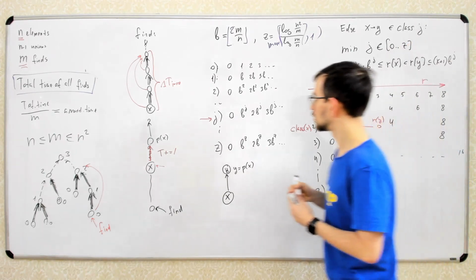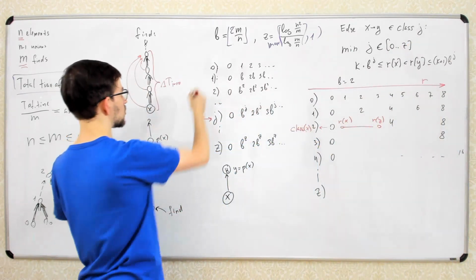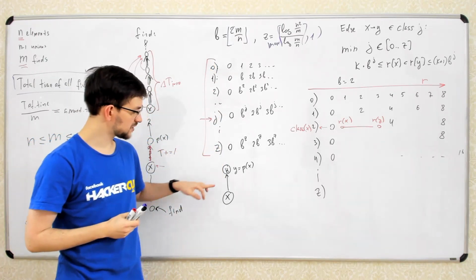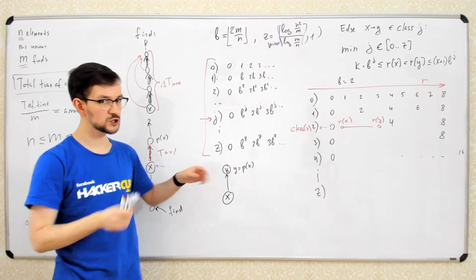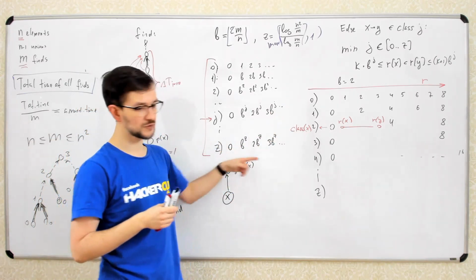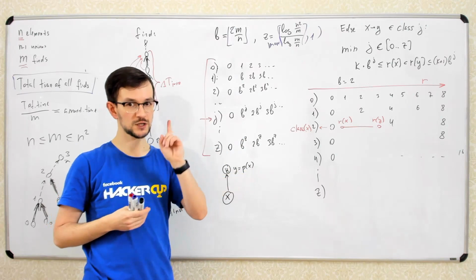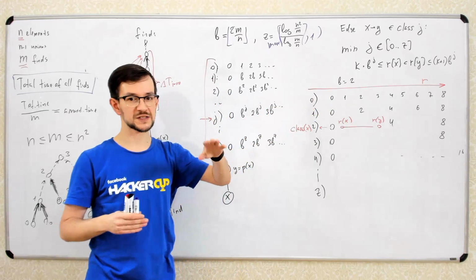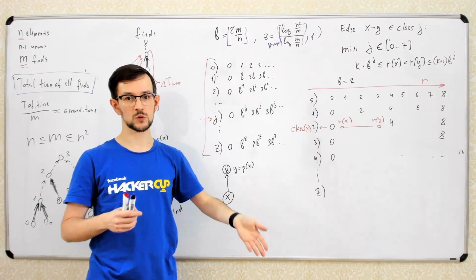So we want to find one of these sequences. It is possible that the difference between these two ranks is too big, so we cannot fit both these ranks inside one of the sequences. So if there is no such j, we will assign the class equal to z plus 1.